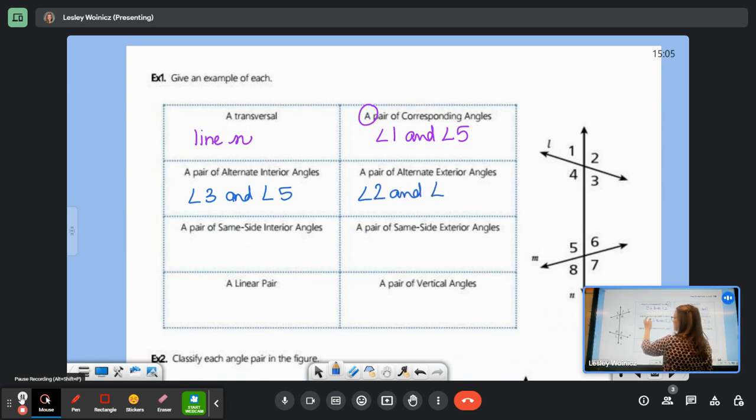Obviously, these are not exhaustive lists. We're just following the directions and listing a single pair. What about a pair of same side interiors? 3 and 6. Good. Angle 3 and 6 is also correct. Okay, what about same side exteriors? 1 and 8. Yes.